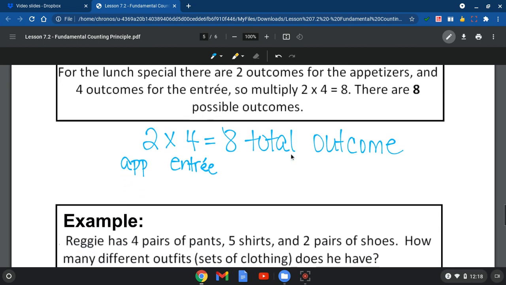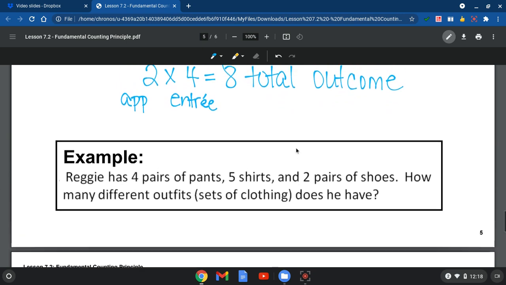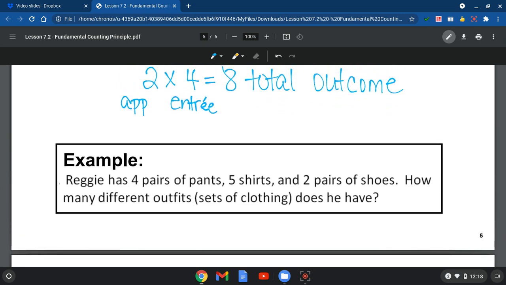Let's try an example. Reggie has 4 pairs of pants, 5 shirts, and 2 pairs of shoes. How many different outfits or sets of clothing does he have?